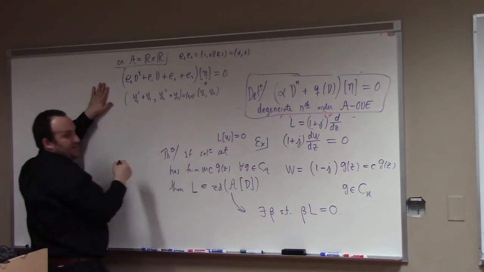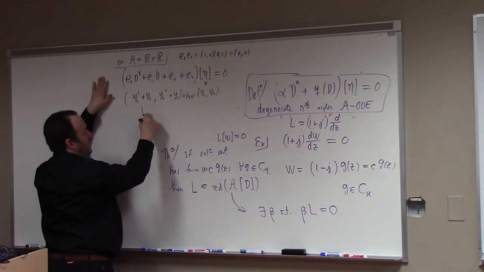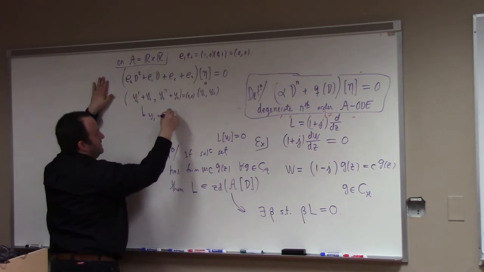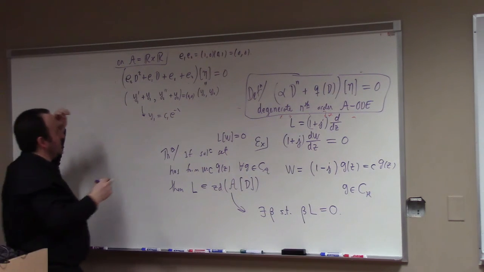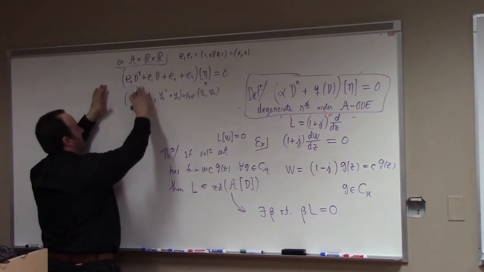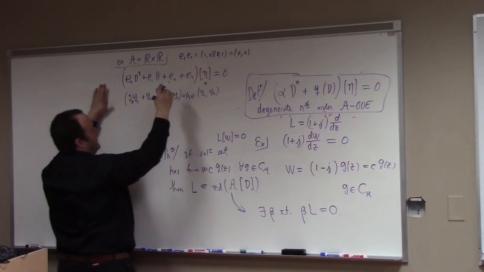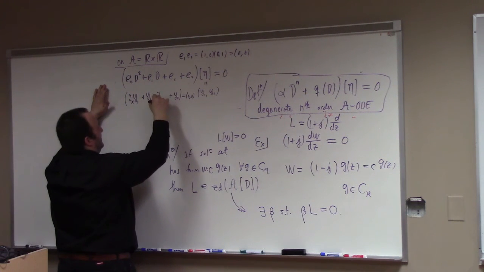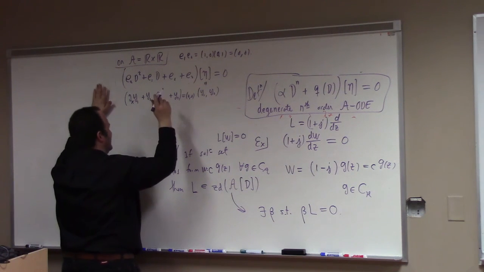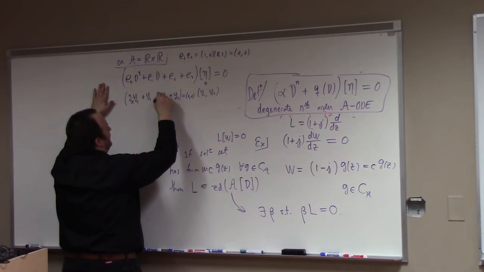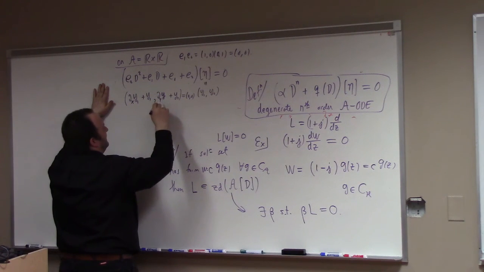So this gives us y1 is like c1 e to the minus... I need to be careful here. These are different derivatives. I'm sorry, I should be more careful. This is partial x, and these are partial y. All right, let me fix that.